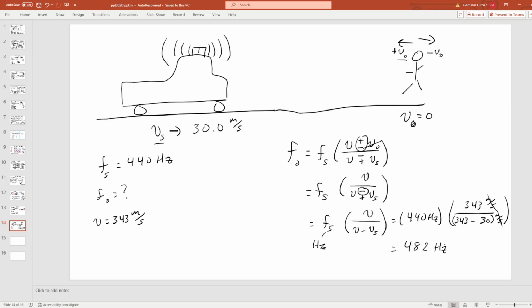So the frequency for our observer is going to be 482 hertz. Okay, so it'll be a little bit higher than the frequency of the siren.